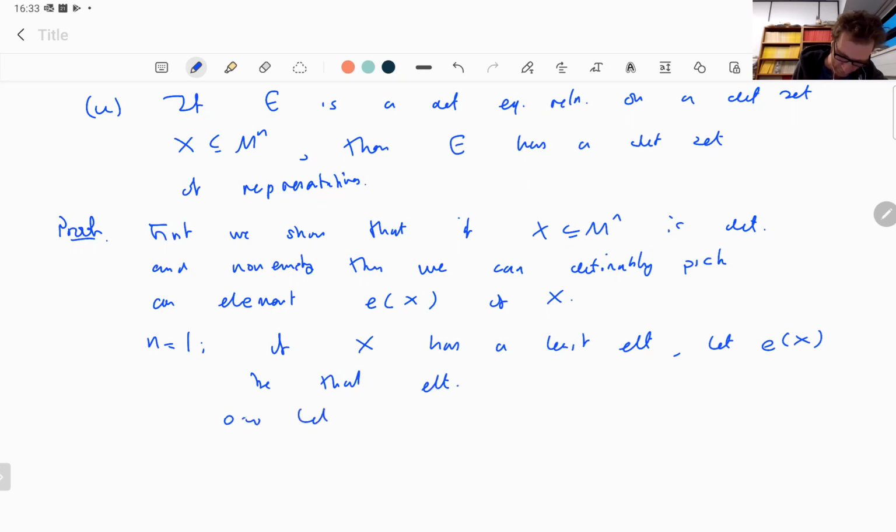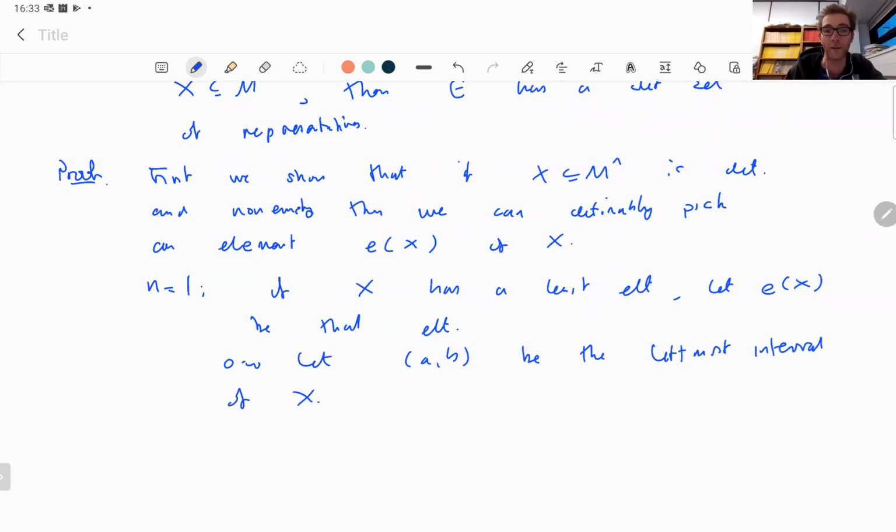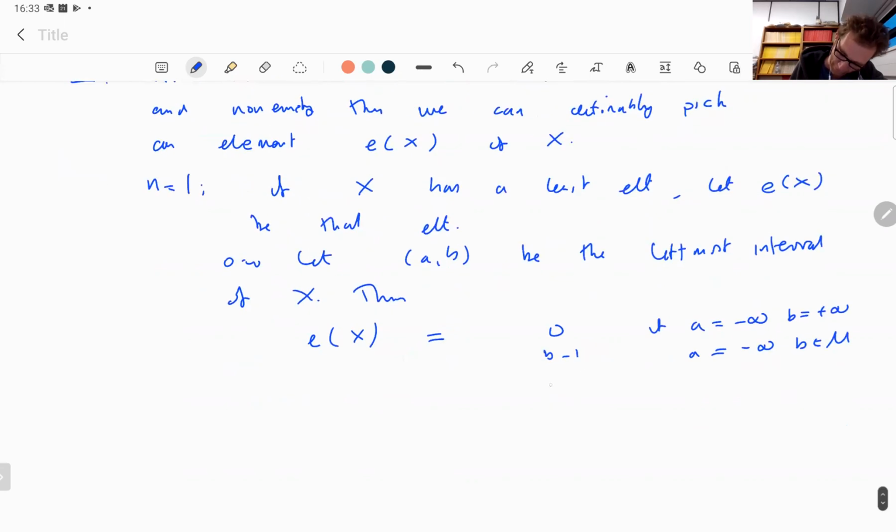Otherwise, let (a, b) be the leftmost interval of X. And then you just do cases. e of X is 0 if a is minus infinity and b is plus infinity, b minus 1 if a is minus infinity and b is an element of M, a plus 1 if it's the other way around, a is in M and b is plus infinity, and the midpoint if they're both elements of M. And these things now make sense, right?